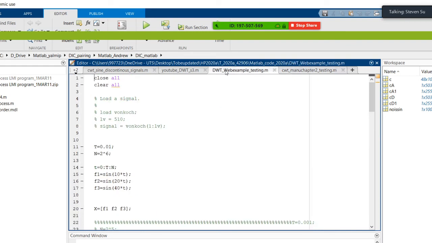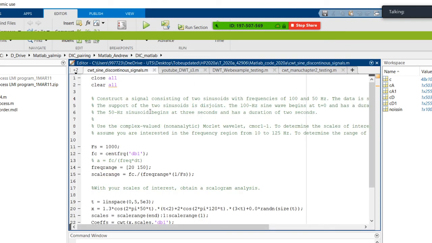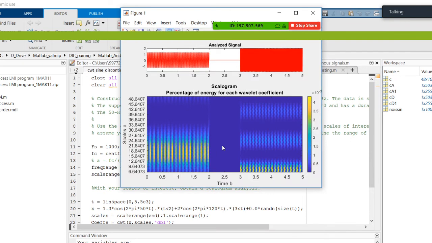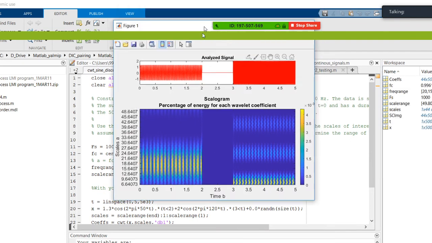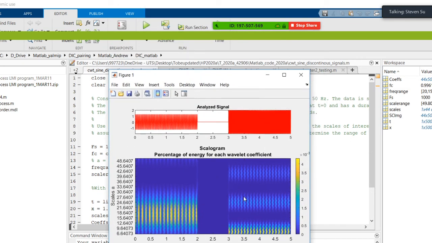We also have this for a discontinuous signal. This is CWT. You remember last week I discussed the short-term Fourier transform. I used a similar signal, this sinusoid with changing frequency.